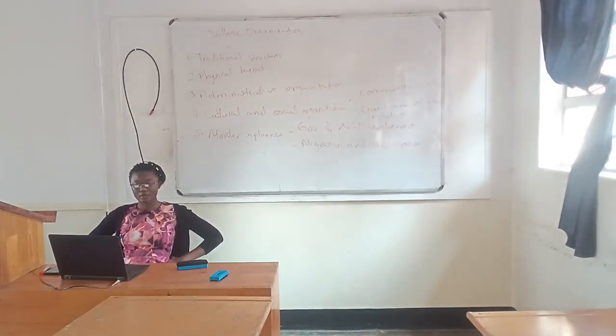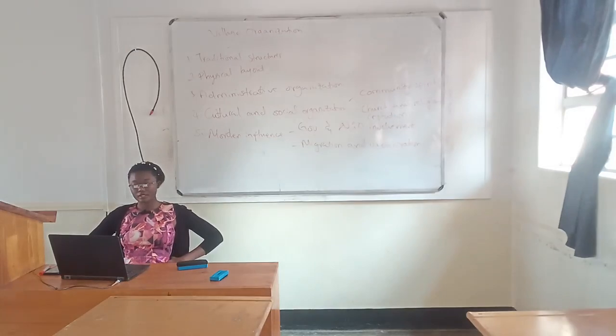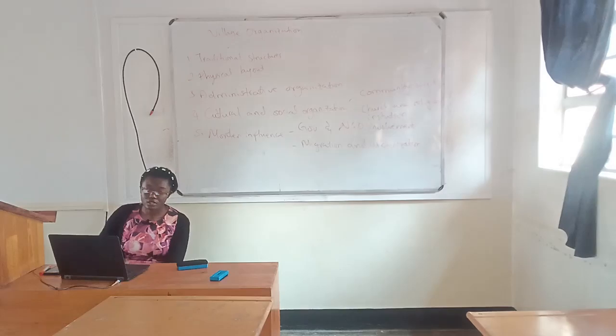So the other one is migration and urbanization. Migration is the movement of people from an area to the next, while urbanization refers to people moving from the rural to the urban areas, usually in search of work.